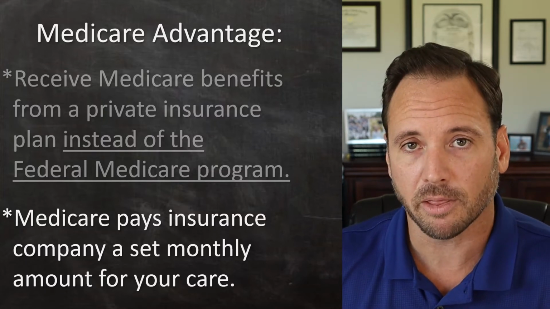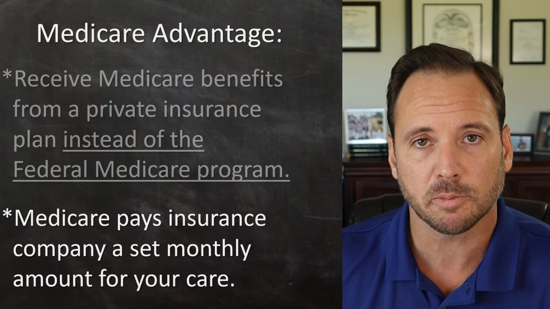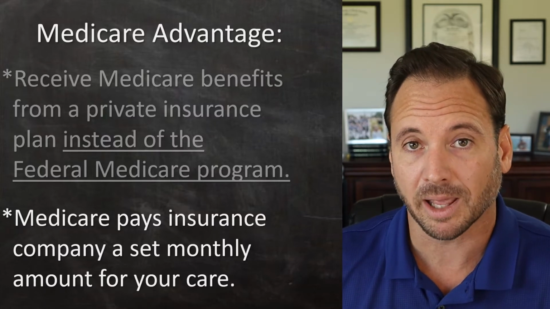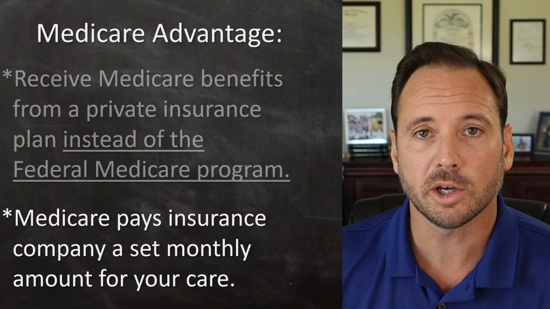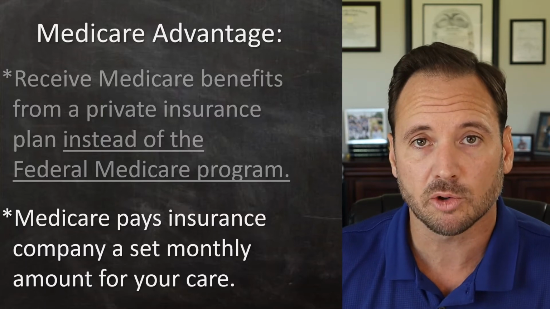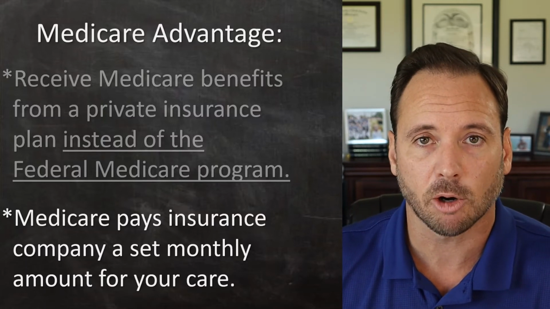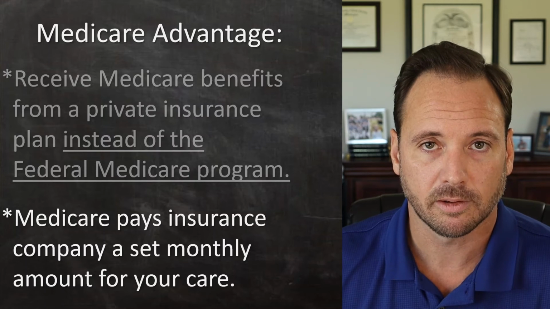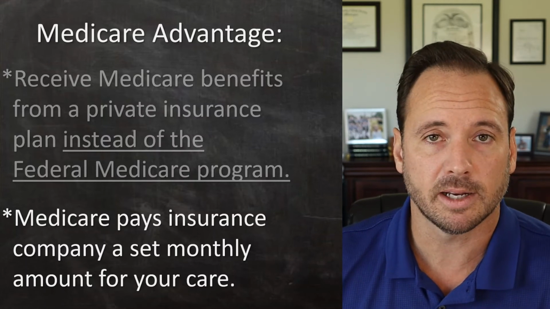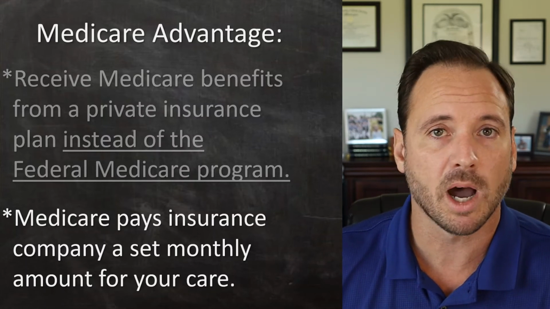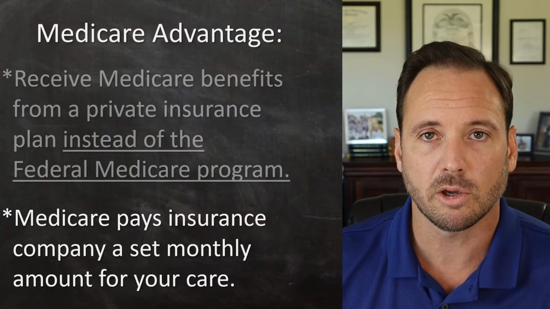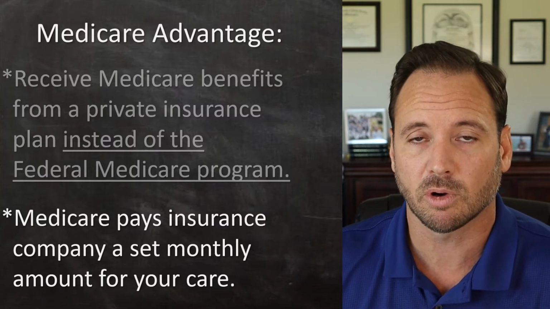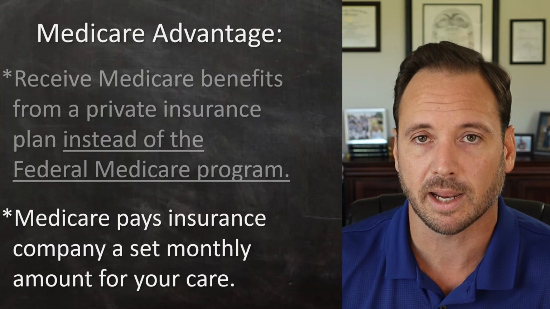So every month that you are enrolled in a Medicare Advantage plan, that insurance company is going to be paid roughly $1,200 by the federal Medicare program on your behalf. That doesn't matter if you use your health care or not. Even if you don't go to the doctor, if you don't use the coverage, they're still going to get that $1,200 monthly payment from Medicare.